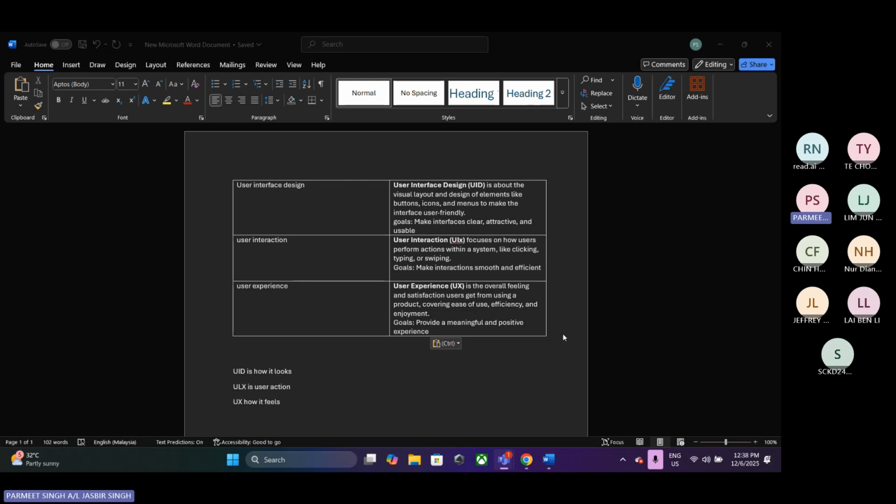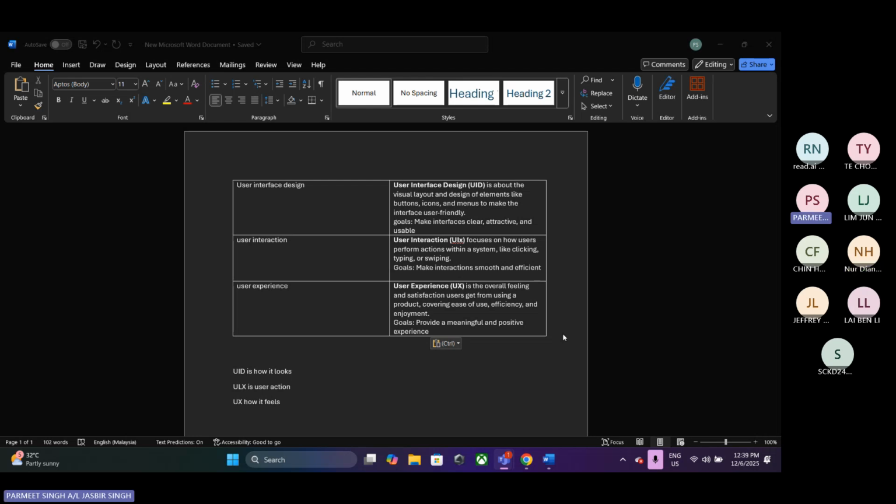Then the user experience is to provide a meaningful and positive experience so that they would like to keep using it, the app, the layout, because it's easier and much friendlier, not too complex.